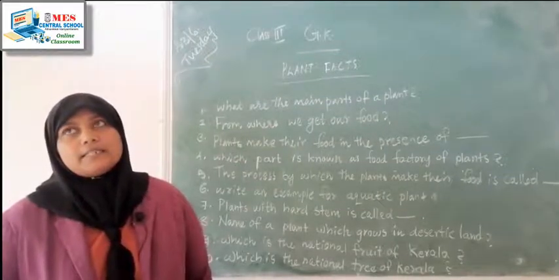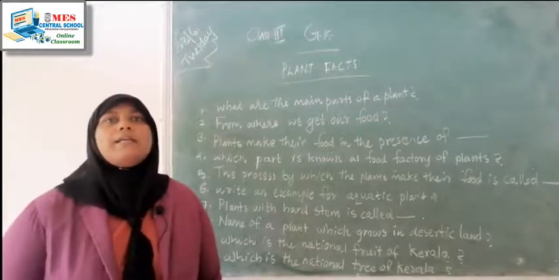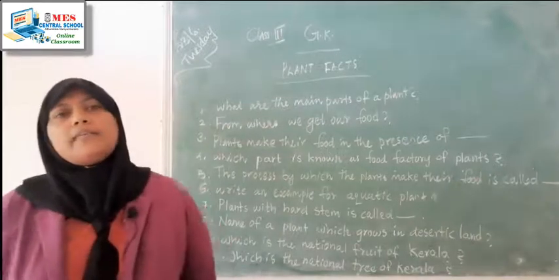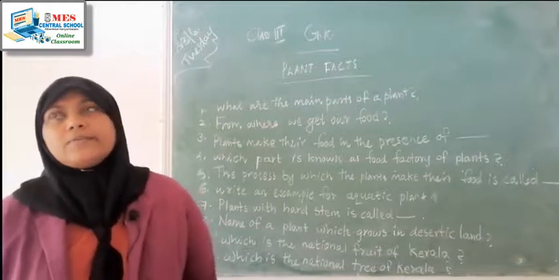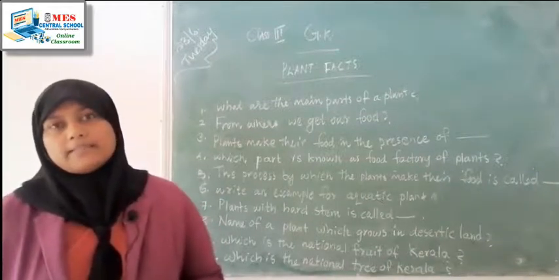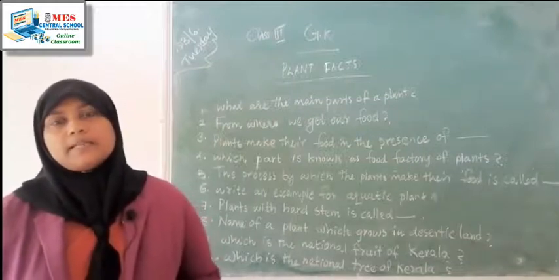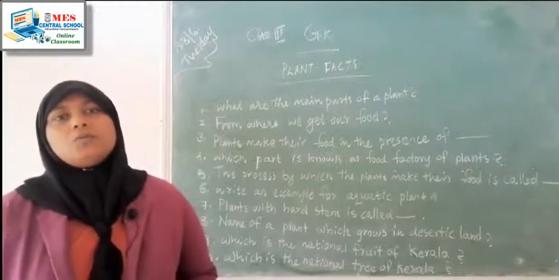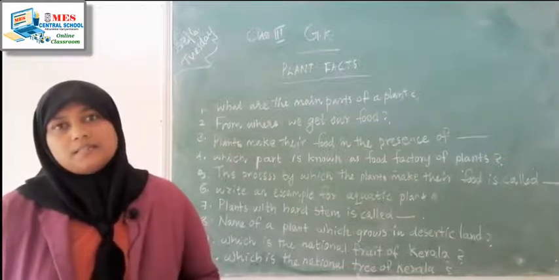So you know that in the month of June we celebrate Environment Day. So what is Environment Day? On that day, one motto is that we want to plant different types of plants. When we are cutting a tree, we want to plant two. That is the purpose.